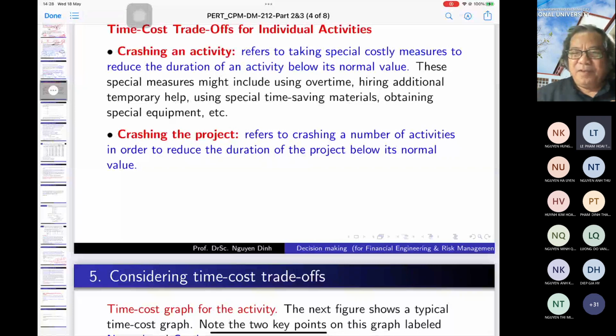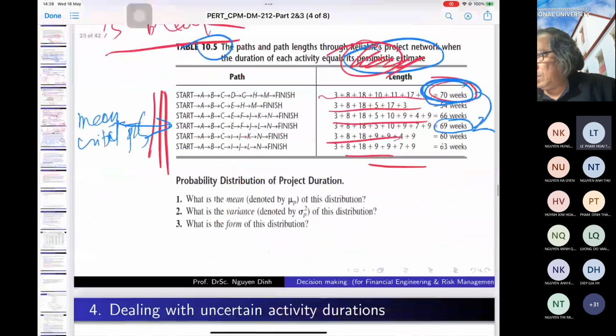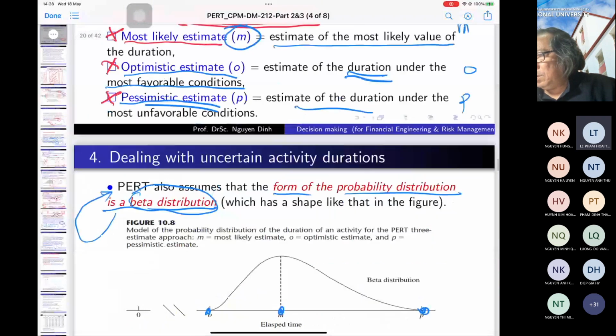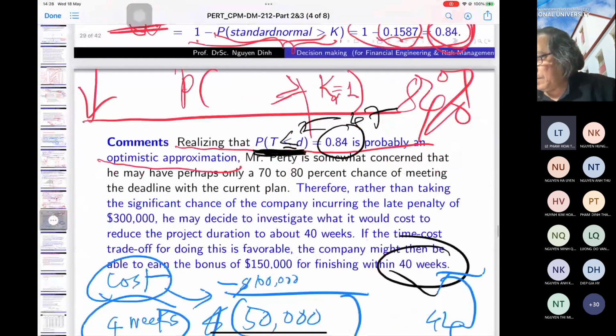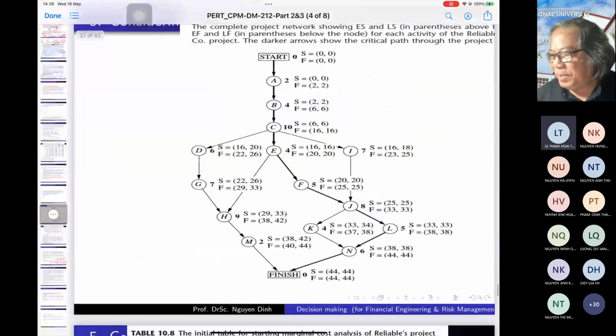Find the shortest path means that if you have the PERT model like this, you can apply that method to find out the critical path. Is that okay?